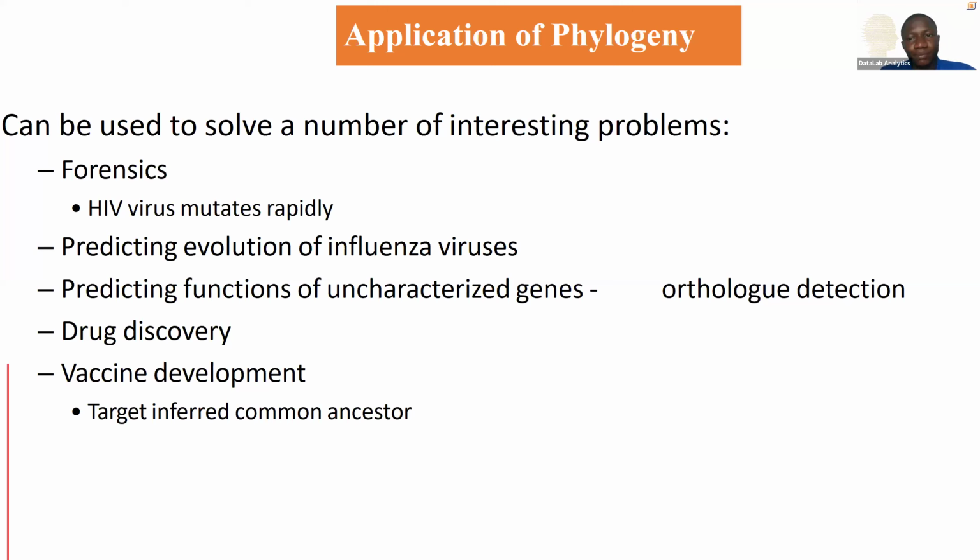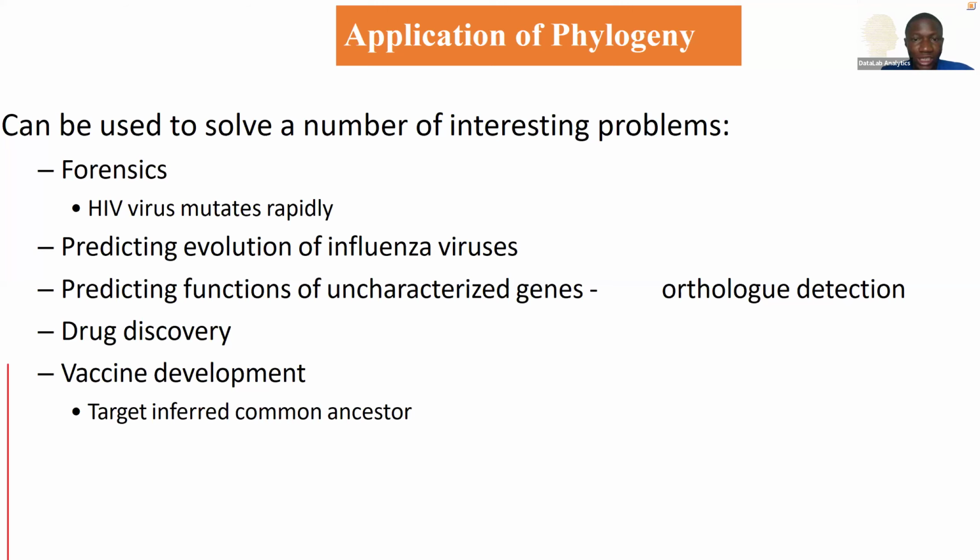So we can pick those uncharacterized genes and compare them with known genes in chimpanzee and others. We can see if there is an evolutionary relationship between them, and from there we can predict the functions.